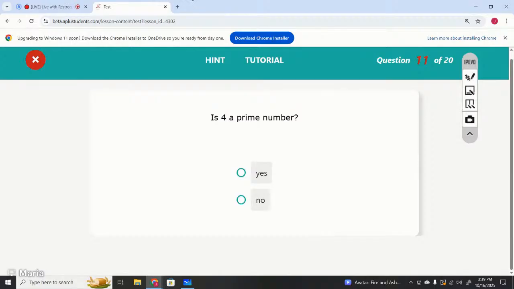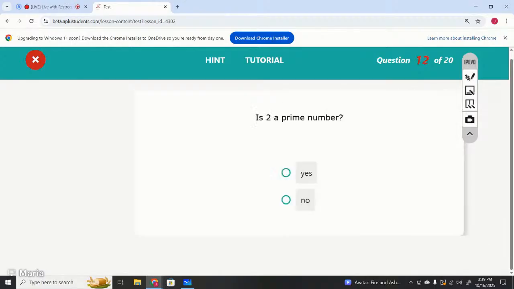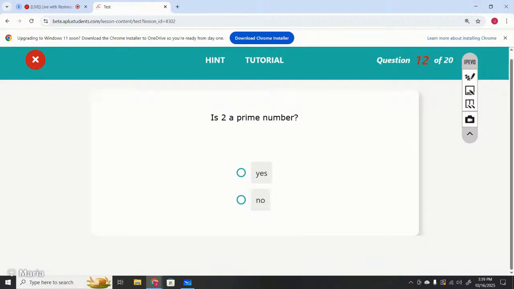Is 4 a prime number? No, 4 is not a prime number. Is 2 a prime number? Yes, it is a prime number.